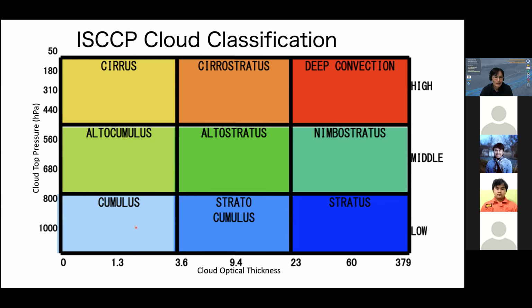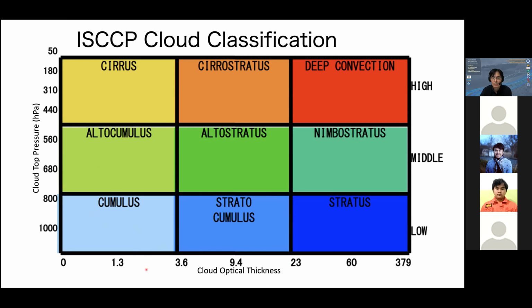To say it another way, the cloud optical thickness becomes bigger, and a larger cloud optical thickness means a more severe cloud can be captured.